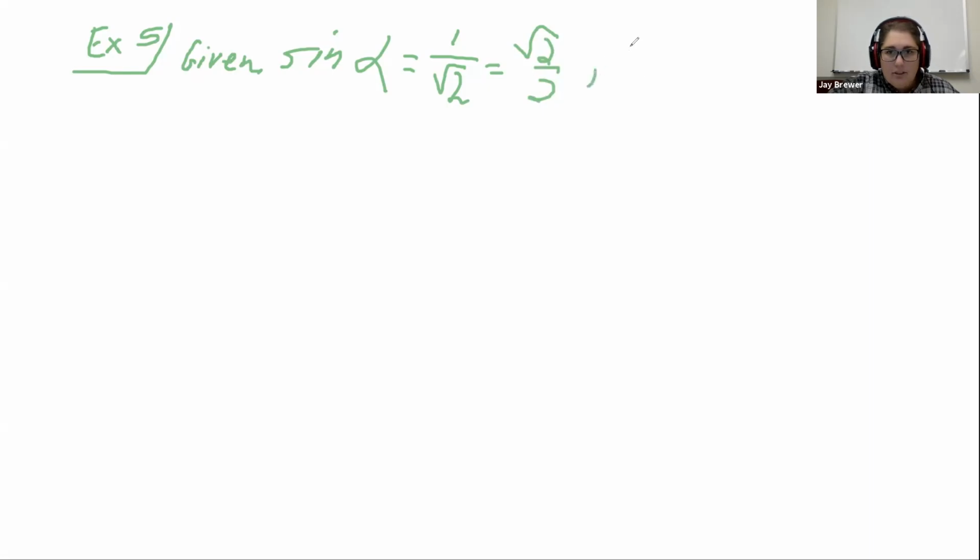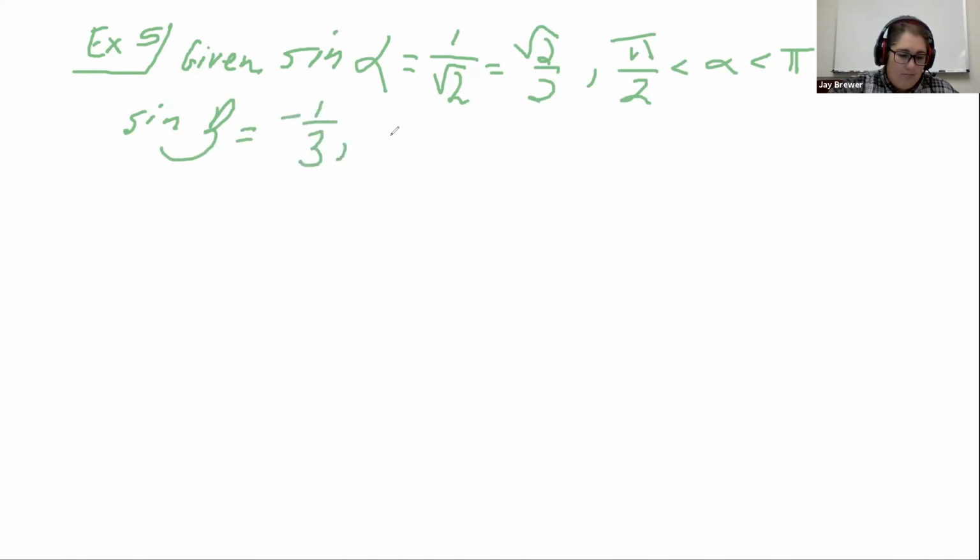But we have a restriction, pi over 2 less than alpha less than pi. And we are told that sine of beta equals negative 1/3.